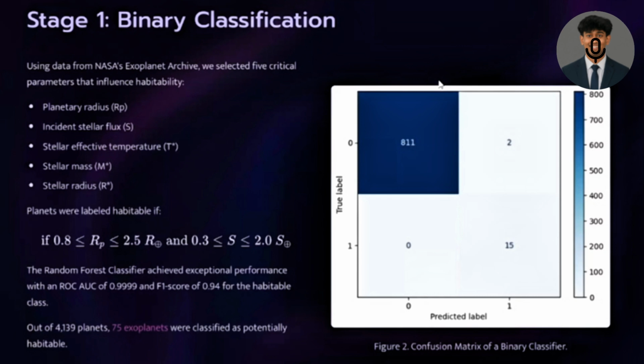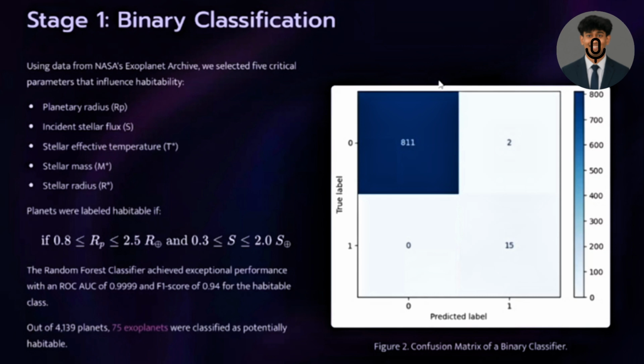Planets were labeled habitable if they were under these constraints. We used the random forest classifier, which achieved a very exceptional score and was pretty accurate. That's how, out of the 4,139 planets, 75 exoplanets were classified as potentially habitable.